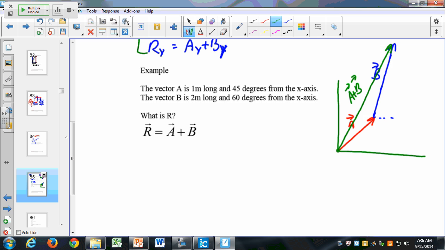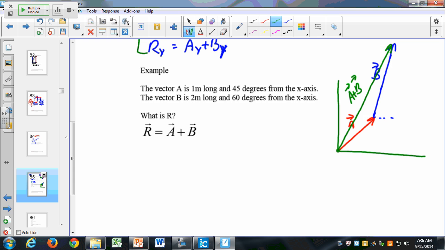So first we just want to find what is the magnitude and what is the direction of R. All right, so the course of this will be to find the x and y components of A and B first, and then you find your x and y components of R, and then once you find those, you can use your Pythagorean theorem and your tangent theta to find the angle for the vector R.